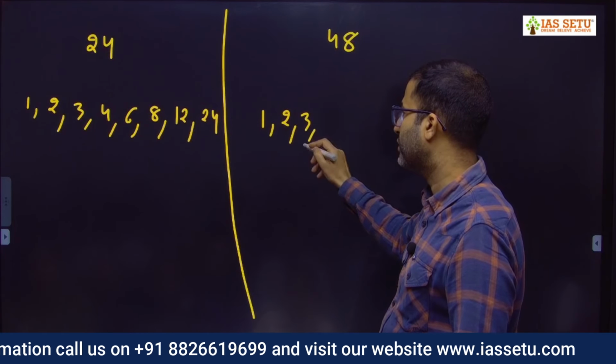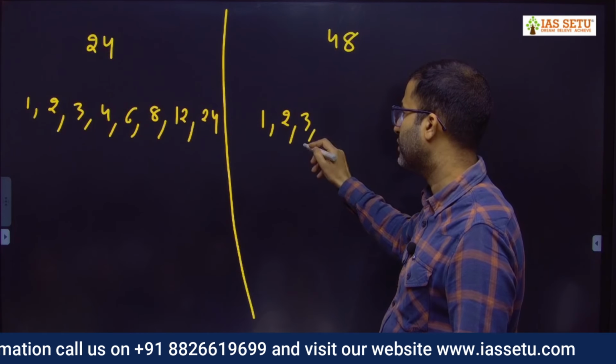Tell me factor of 36. 1 2 3 4 6 9 12 18 36.